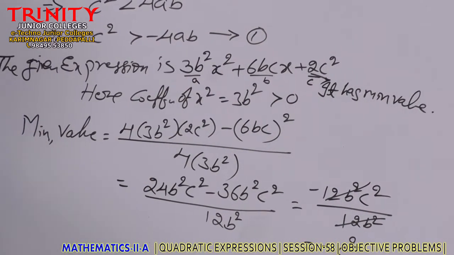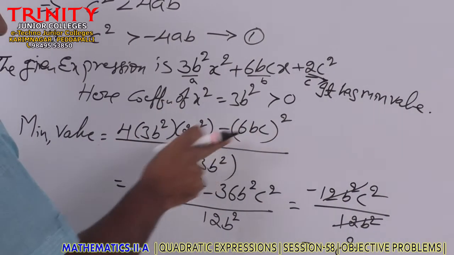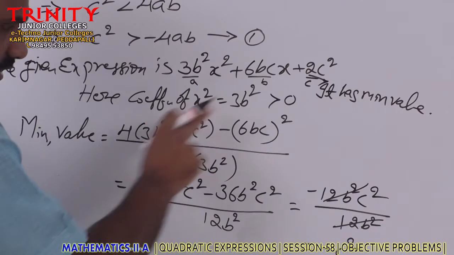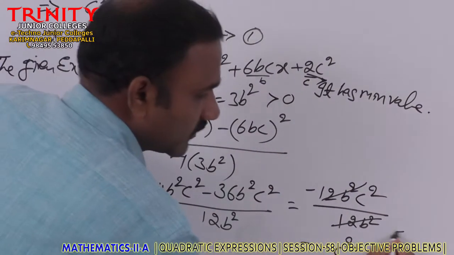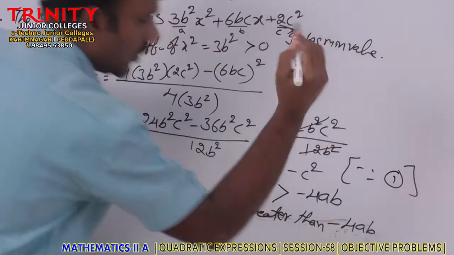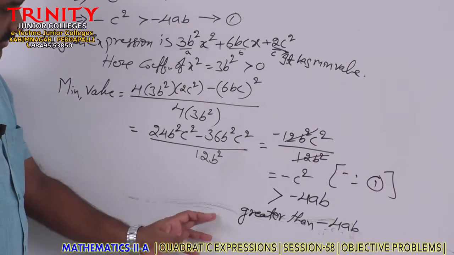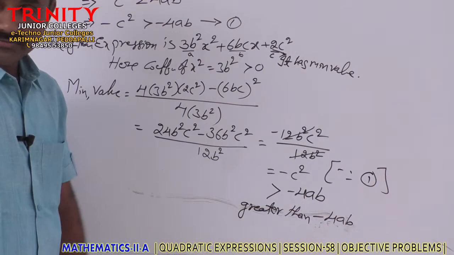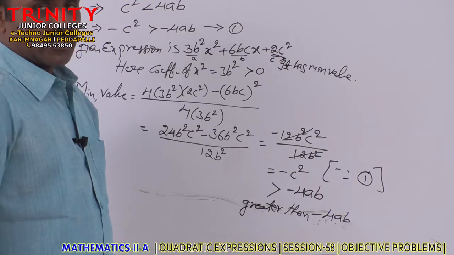The value of minimum is 4ac minus b square by 4a. We got the value minus c square. Already in equation number 1, we got minus c square is greater than minus 4ab. Therefore, the value of this expression is greater than minus 4ab.